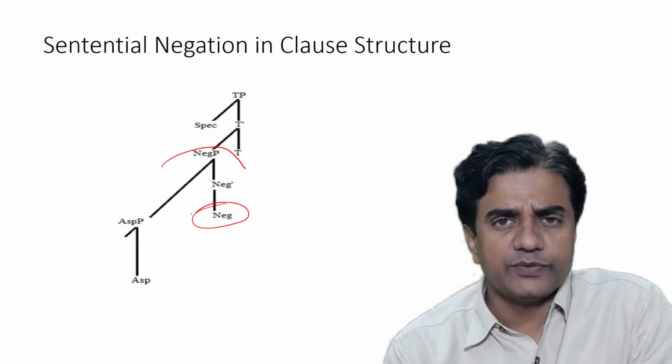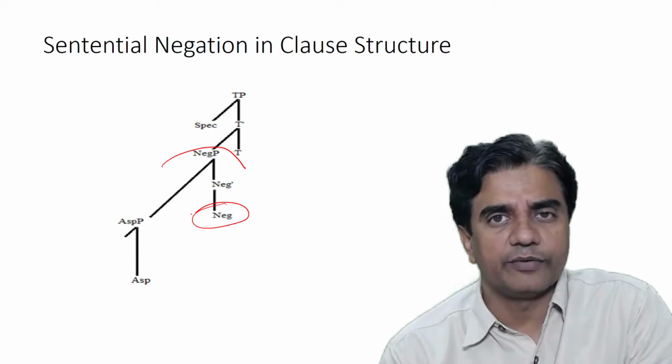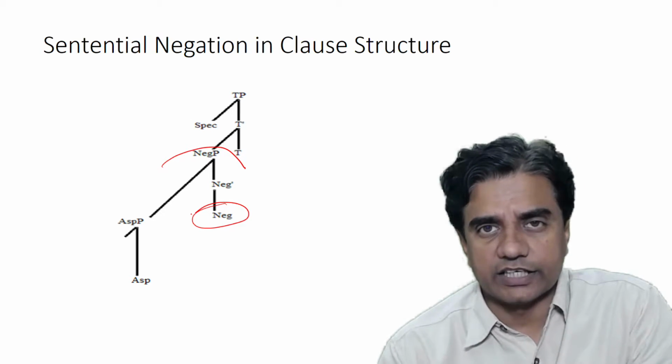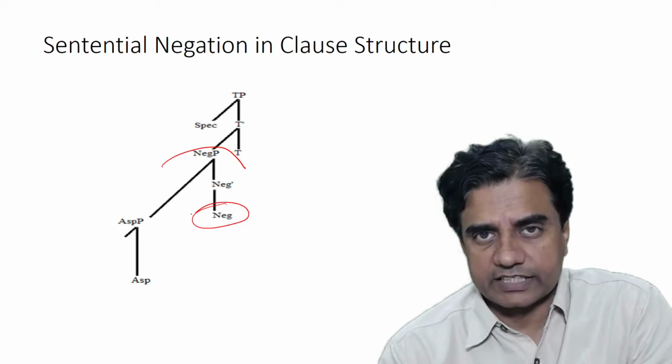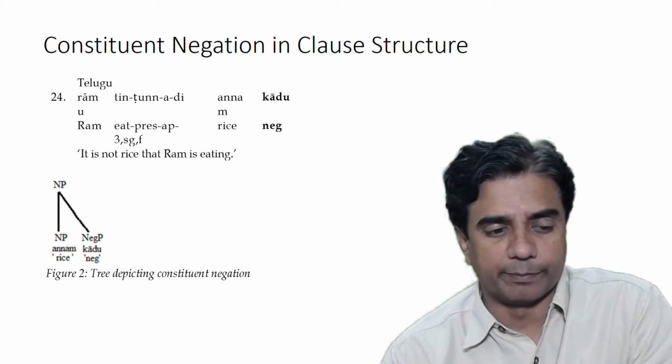This has huge implications for our understanding of how negative elements occur in a sentence and what they do with respect to other elements in the sentence, in particular negative polarity items.